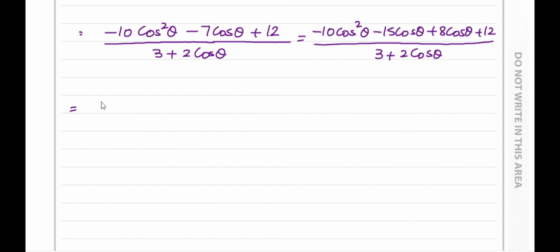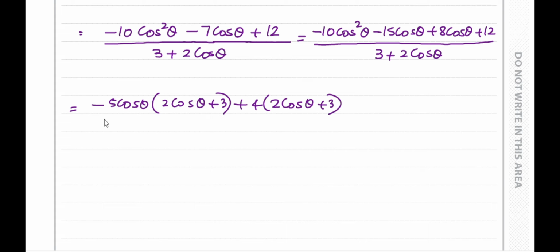This can be written as minus 5 cos theta outside the bracket times 2 cos theta plus 3, plus 4 times 2 cos theta plus 3, all over 3 plus 2 cos theta.